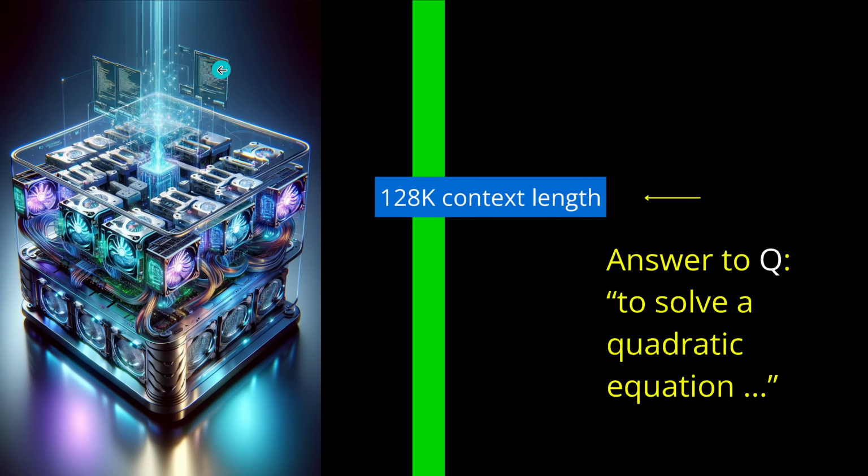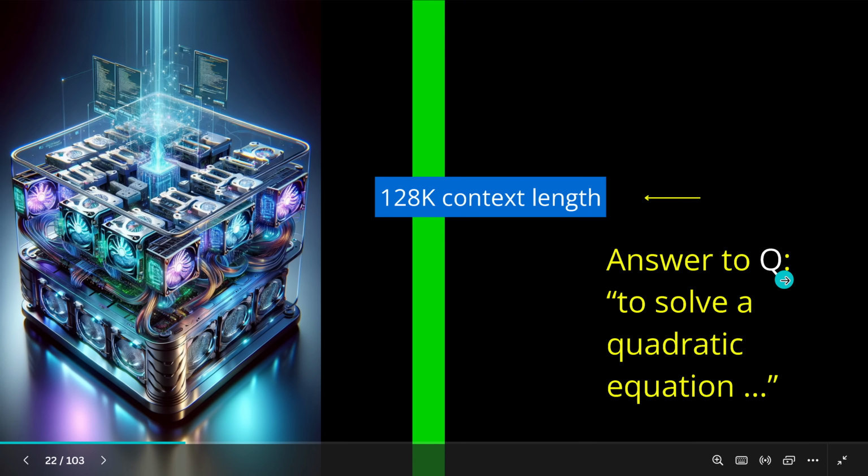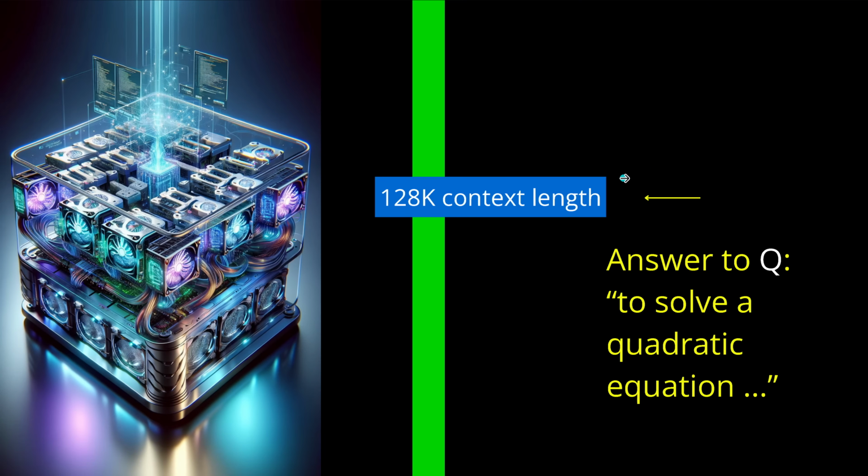You know, we have here our LLM with its internal knowledge. It has been pre-trained and fine-tuned on a task, and it knows a lot. And then we have the borderline to the external knowledge, and we have now an answer to our question. So we feed this external answer back into our 128,000 token context length window.